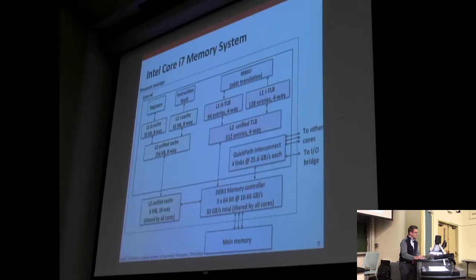The data TLB has 64 total entries and is 4-way set associative. So how many sets are there in the L1 data TLB? 16, right? Good.